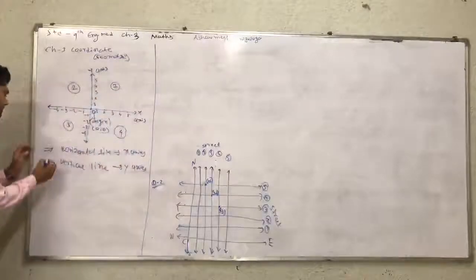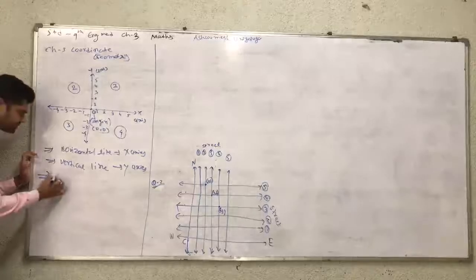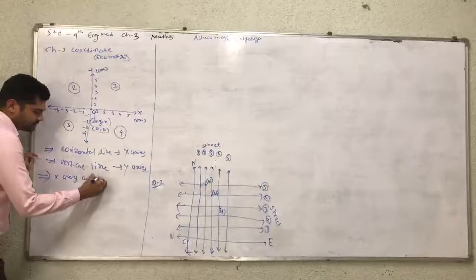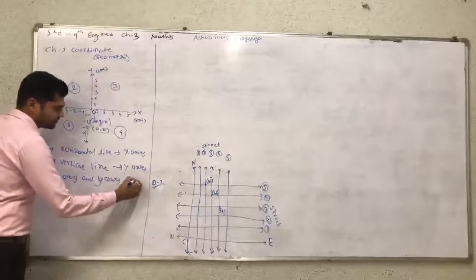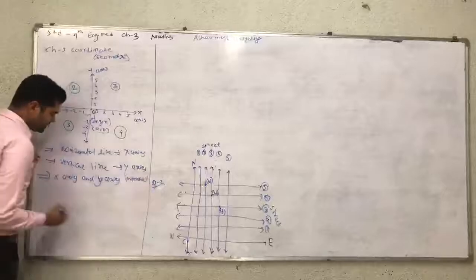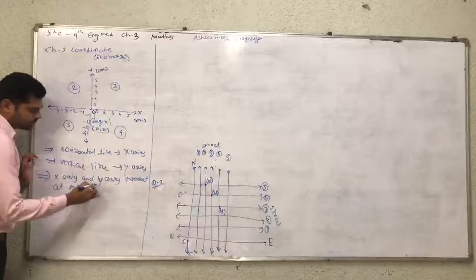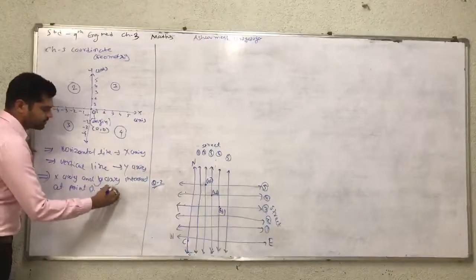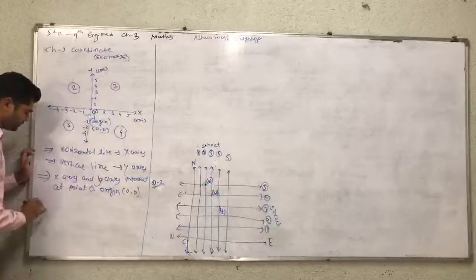These two lines intersect each other at point O, and this point O is named the origin. Its coordinates are 0 and 0.